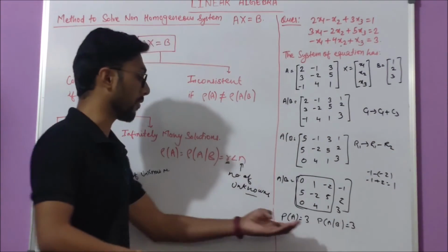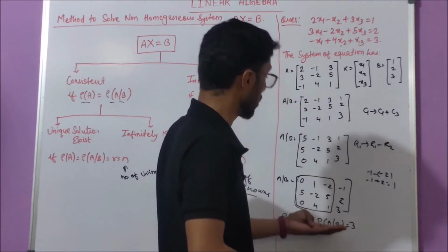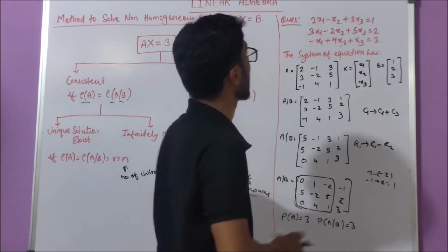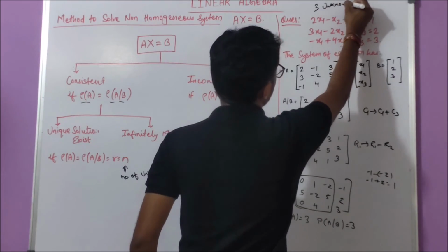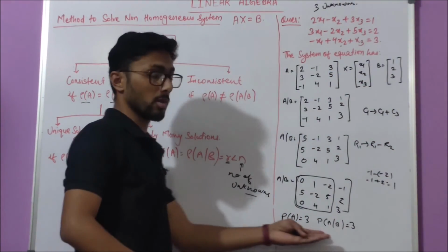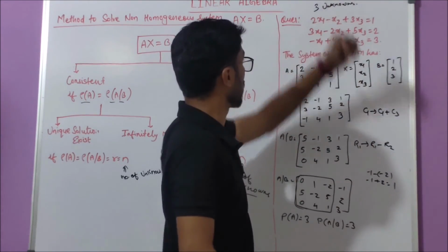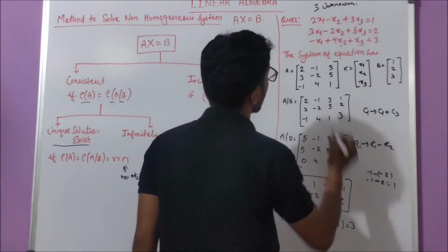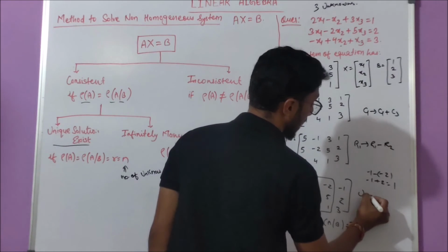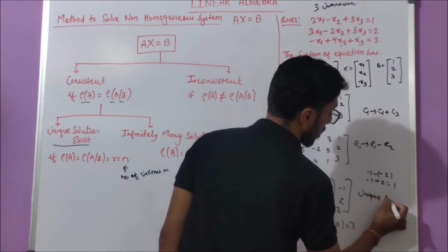Now we see that rank of A is equal to rank of B and both are equal to the number of unknowns, because here we have 3 unknowns. Hence we can say that a unique solution exists for this system of linear equations. So the correct answer is unique solution exists.